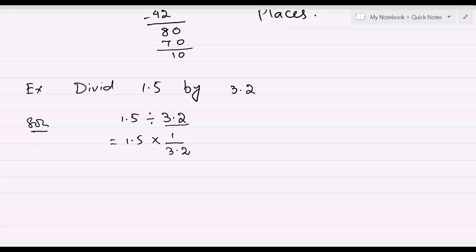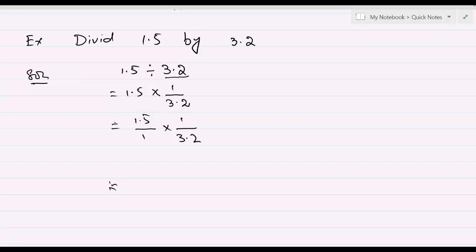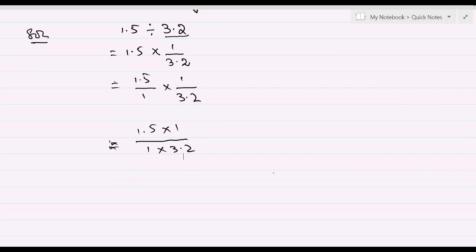Okay, and now this will become 1.5, and you know there is 1 in the denominator, times 1 over 3.2, and here if we take a look, this would be 1.5 times 1 in the numerator, and in the denominator this will be 1 times 3.2, and of course this is going to be equal to 1.5 over 3.2.